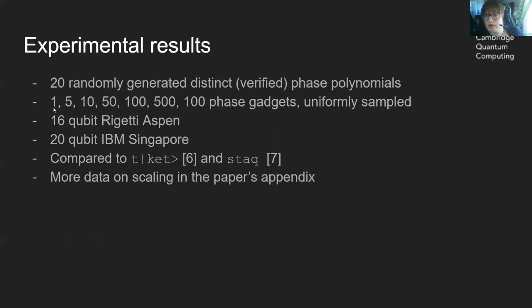So 20 with 1 phase gadget, 20 with 5 phase gadgets, etc., all uniformly sampled. And we tested these phase polynomials to be synthesized on either the 16-qubit Rigetti Aspen or the 20-qubit IBM Singapore. I know that these, again, are different circuits, because this is a 16-qubit circuit and this is a 20-qubit circuit.